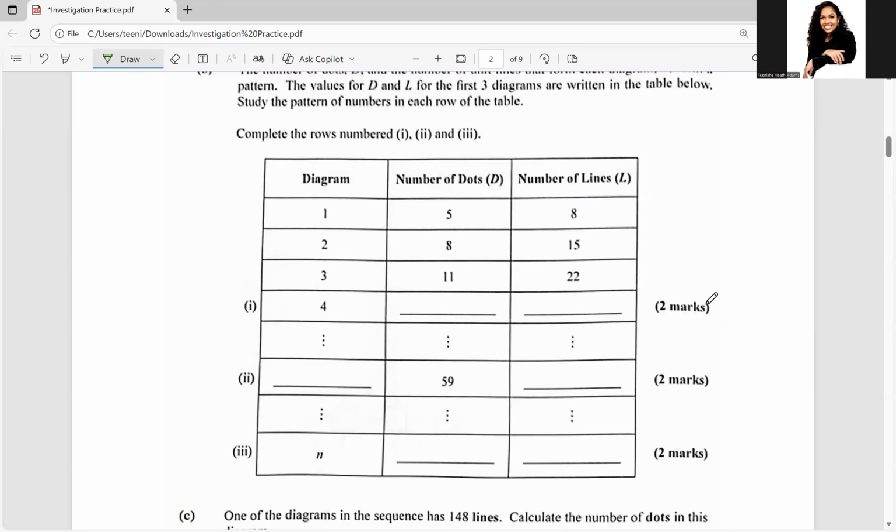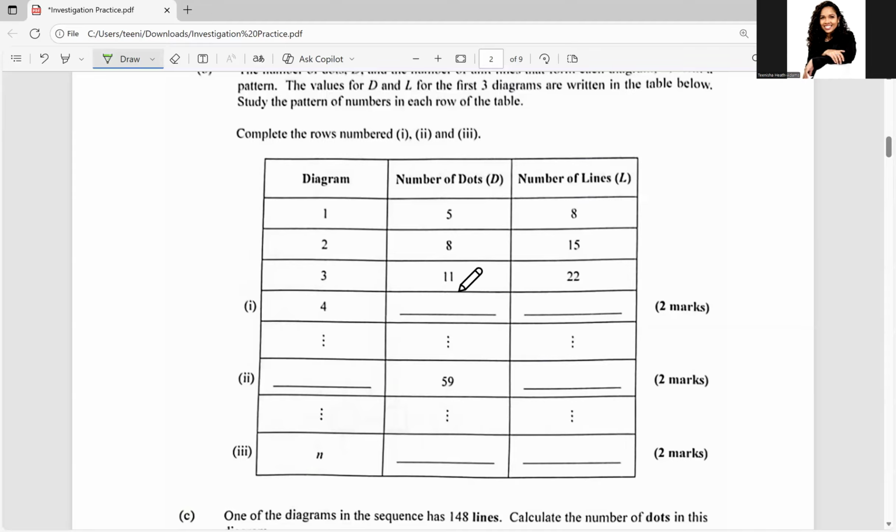And even if you weren't sure in your diagram in the first part, you can look at the numbers and find the common difference or the constant increase between the numbers, right? So if you look at the number of dots, the common difference here is 3, because 5 plus 3 is 8, 8 plus 3 is 11.